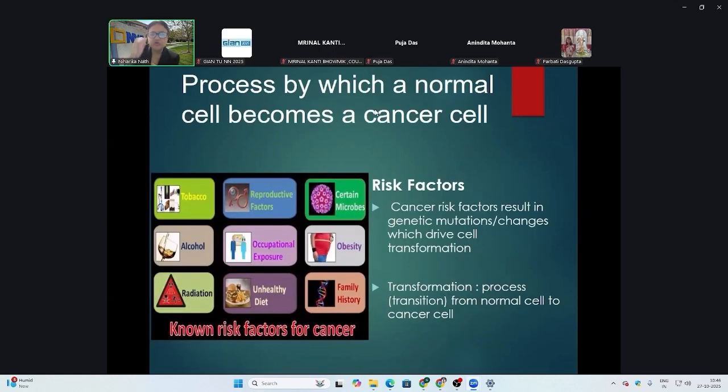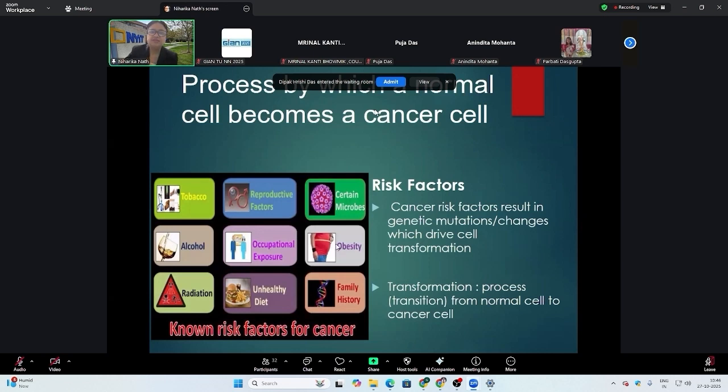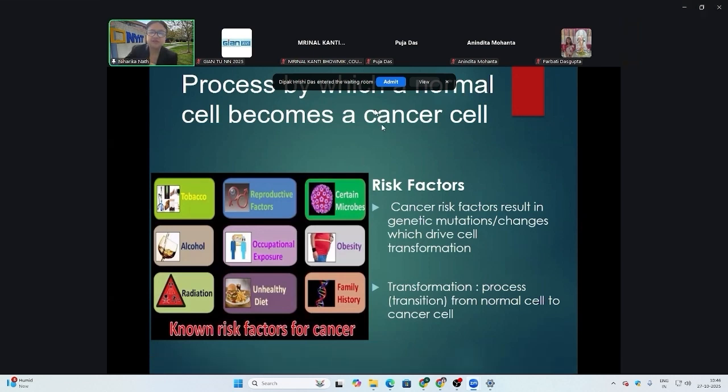And so in order to understand this, you really need to understand something about the risk factors. A little bit about the risk factors needs to be understood in order to understand the full mechanism of why the hallmarks are there. So these are risk factors. That means they result from these kind of risk factors, about 9 of them here, that lead to genetic mutations and they drive transformation.